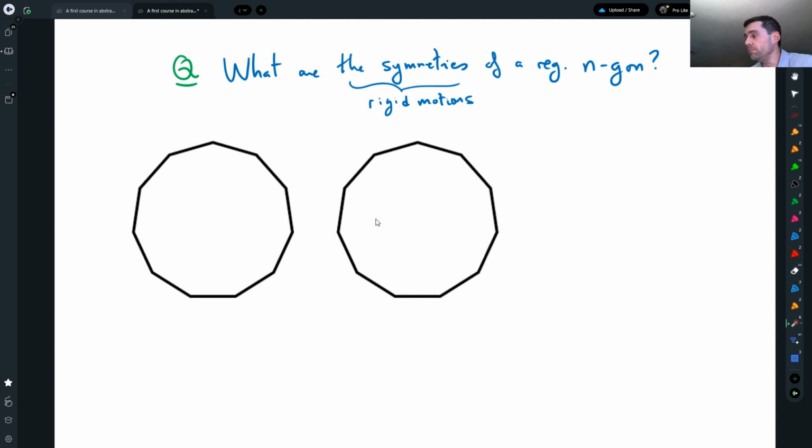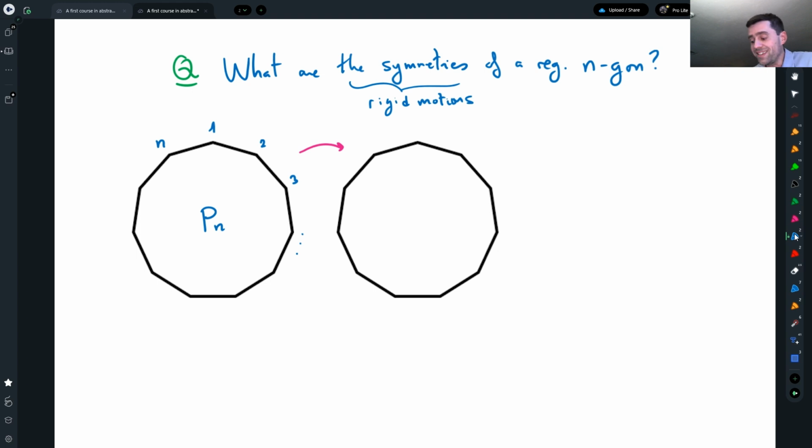So for example, we can see what the possibilities are for this polygon. If I have a polygon, I can number my vertices 1, 2, 3, etc. up to the nth vertex, and I want to know what kind of rigid motions I can do of this polygon. You can actually determine what all of those are.